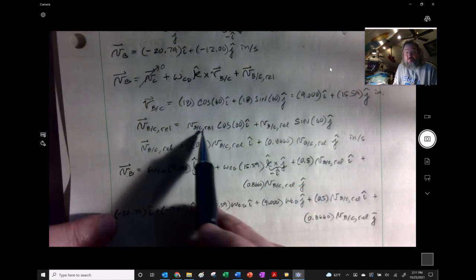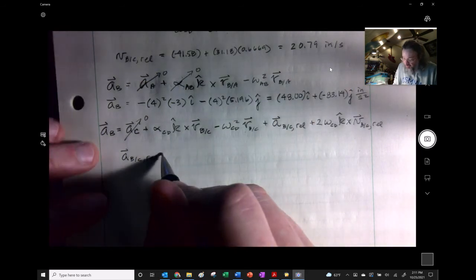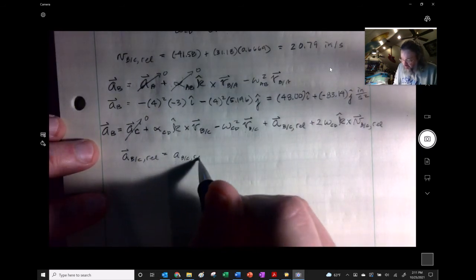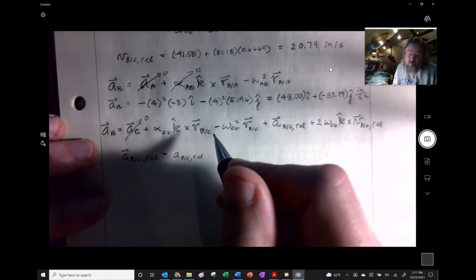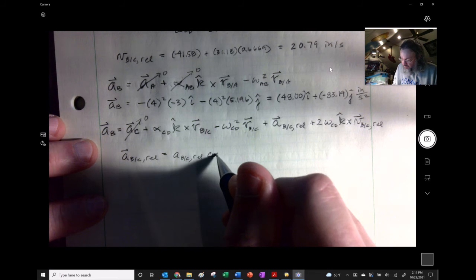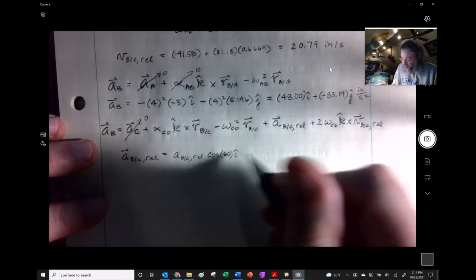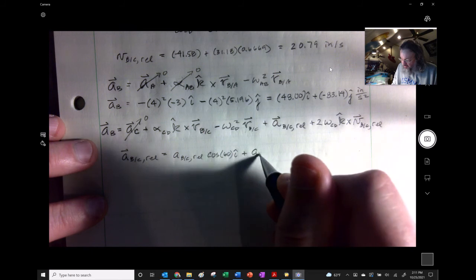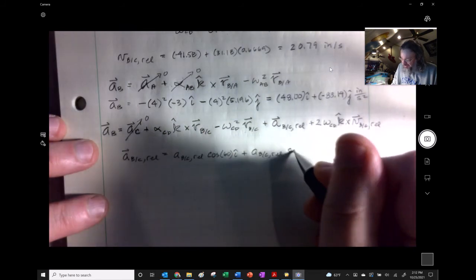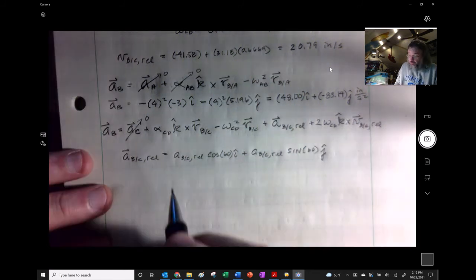I don't know the magnitudes, but I know the directions. So I'm going to stick in A, B with respect to C rel times cosine of 60 I plus A, B with respect to C rel sine of 60 J.